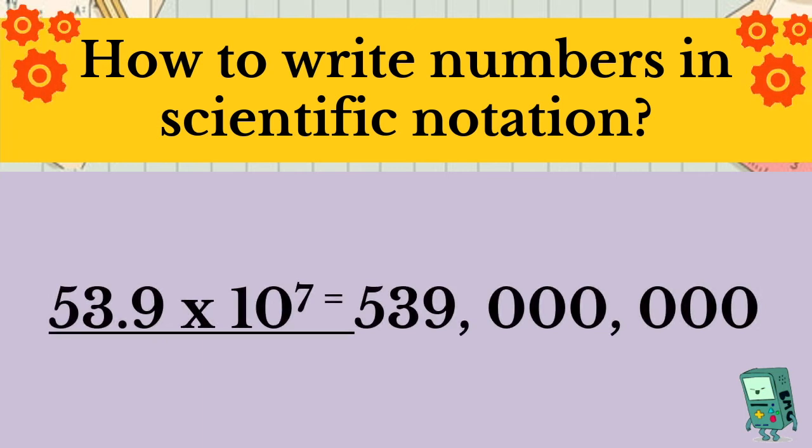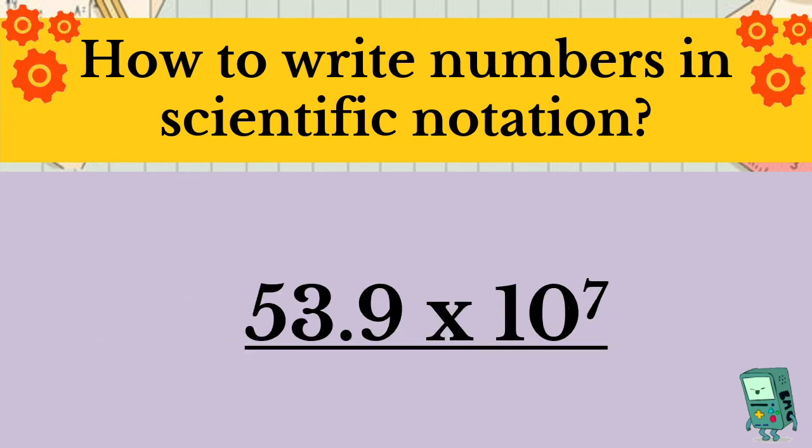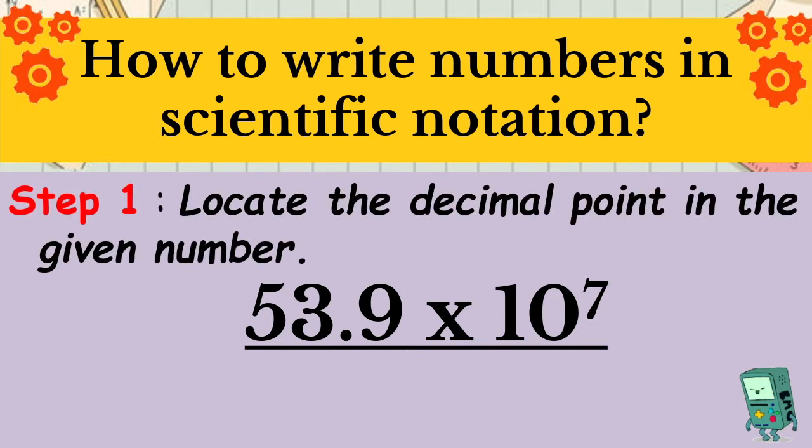In this example, we have to find out how 53.9 times 10 raised to 7 becomes 539 million. Step 1. Locate the decimal point in the given number.